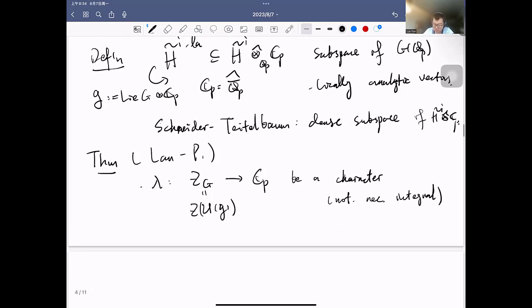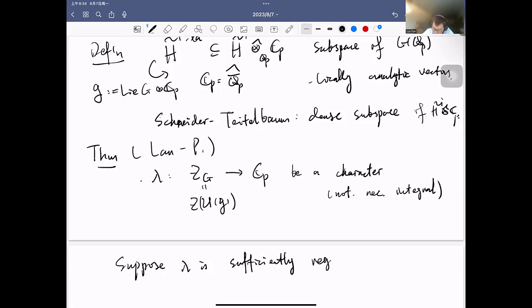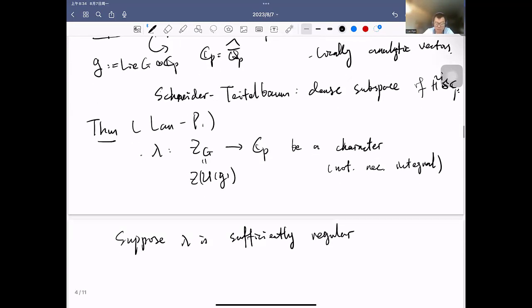And suppose lambda is sufficiently regular. I will explain these terms in more detail later, or give you some examples of what this means.